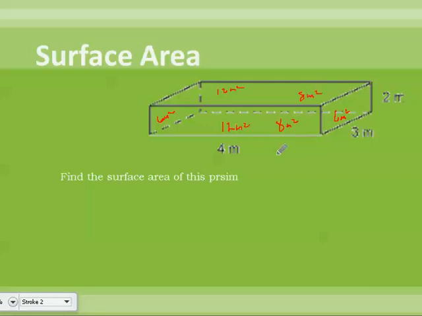And so if we add each of those up, we have 2 times 12 plus 2 times 6 plus 2 times 8. And so we've got 24 plus 12 plus 16. That's 36 plus 16, that's 52. 52 meters squared.